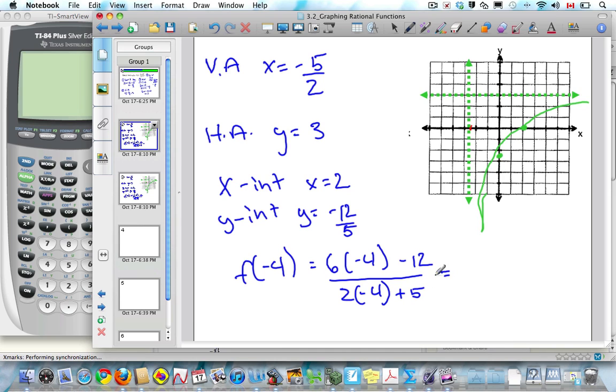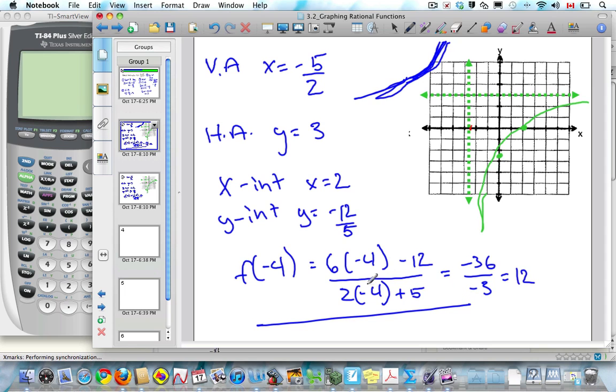That's negative 24 minus 12, which is negative 36, over negative 8 plus 5, which is negative 3, which is 12. So at the point negative 4, I am way up at 12, which means this graph is doing something over here that we can't even see. If I'm sketching it, it's going to be something like that. That's a pretty messy sketch, but that's the idea. It's going to be up in this corner and down in this corner.